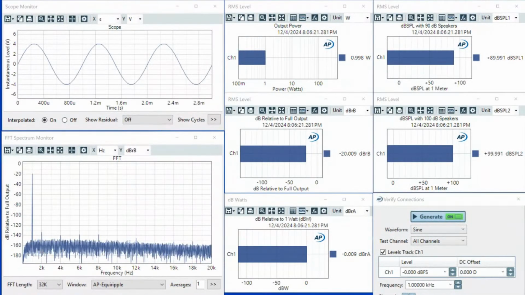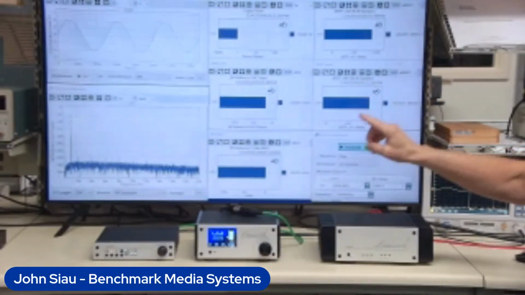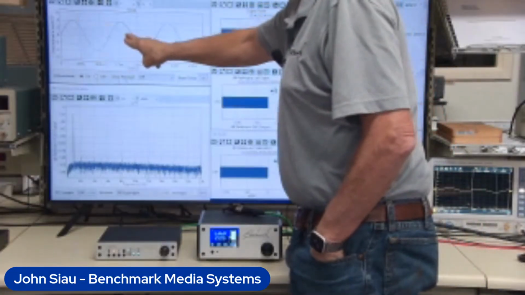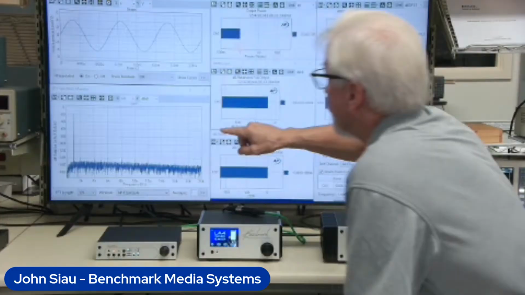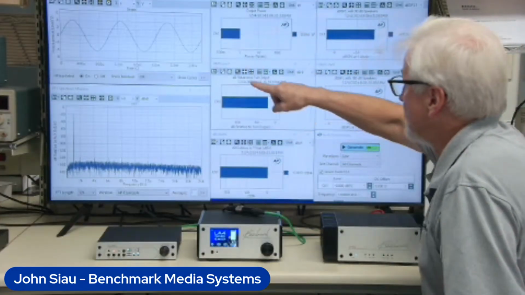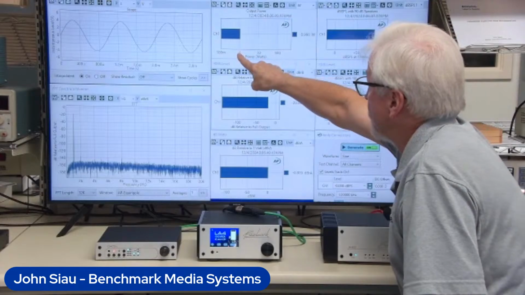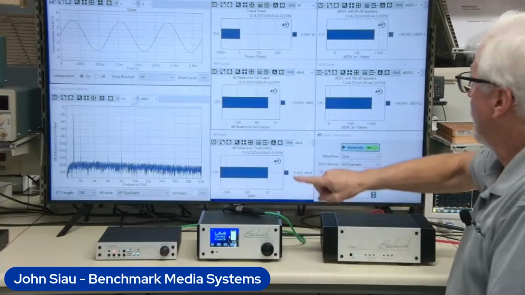These are various meters and displays from the Audio Precision. This is a scope output, showing the 1 kilohertz test tone that we're putting into the system, and it's coming out of the power amplifier. This is a power meter here. It's showing that right now I have 1 watt coming out.